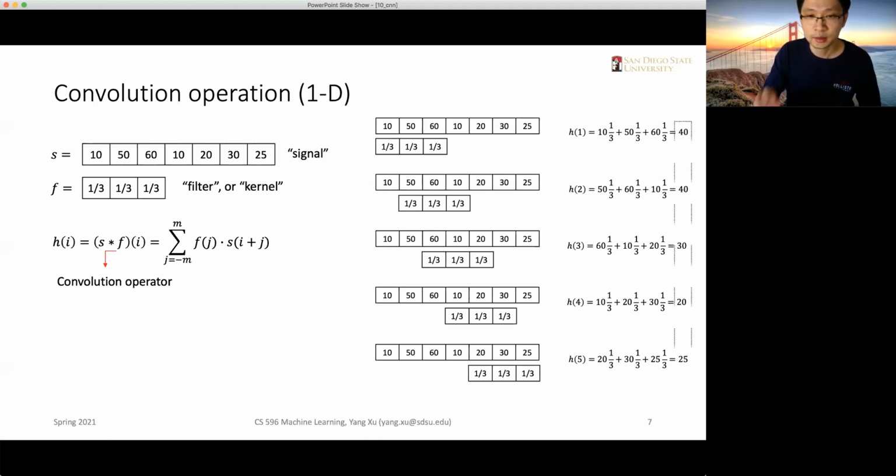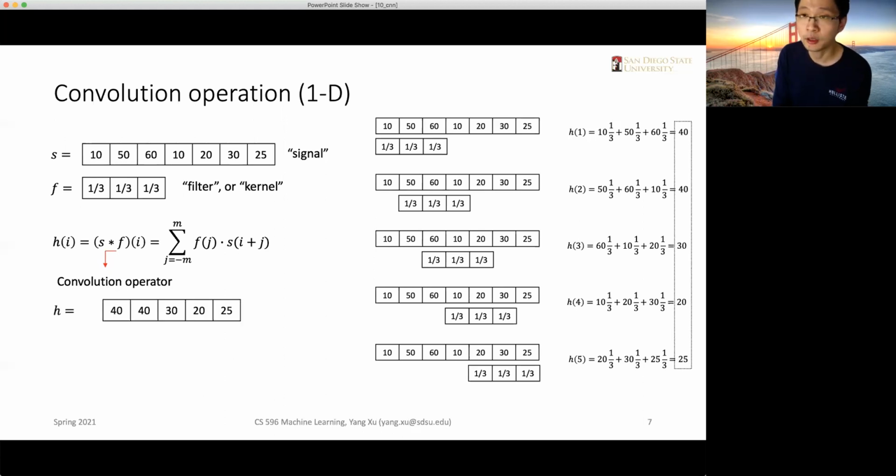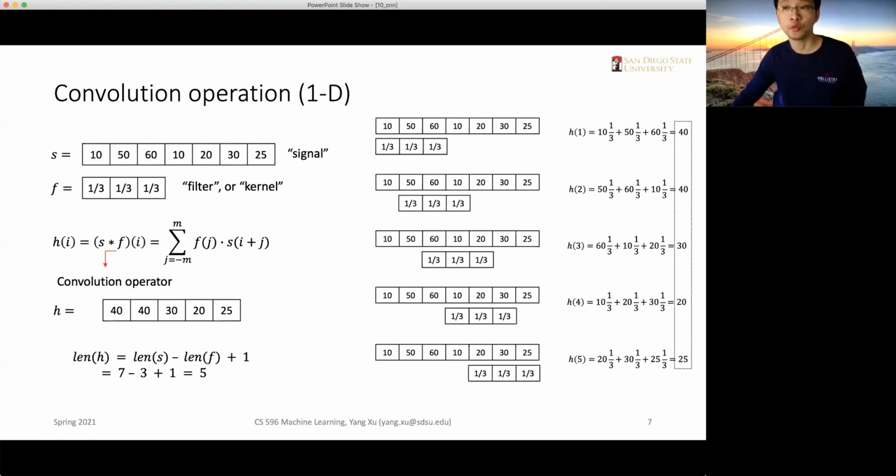So we take all the outputs generated along this sliding process, which gives us a new vector H, the output of this convolution operation. Remember, it's just the simplest case, a 1D convolution operation.